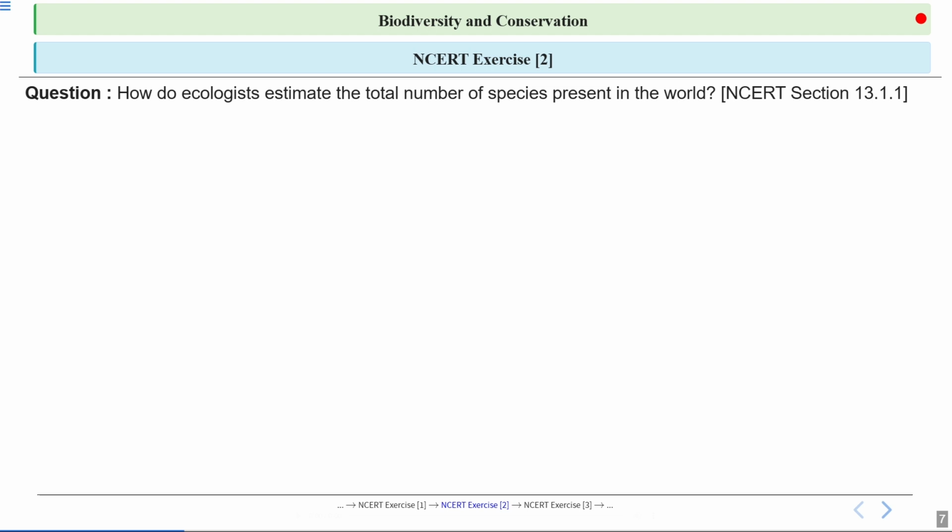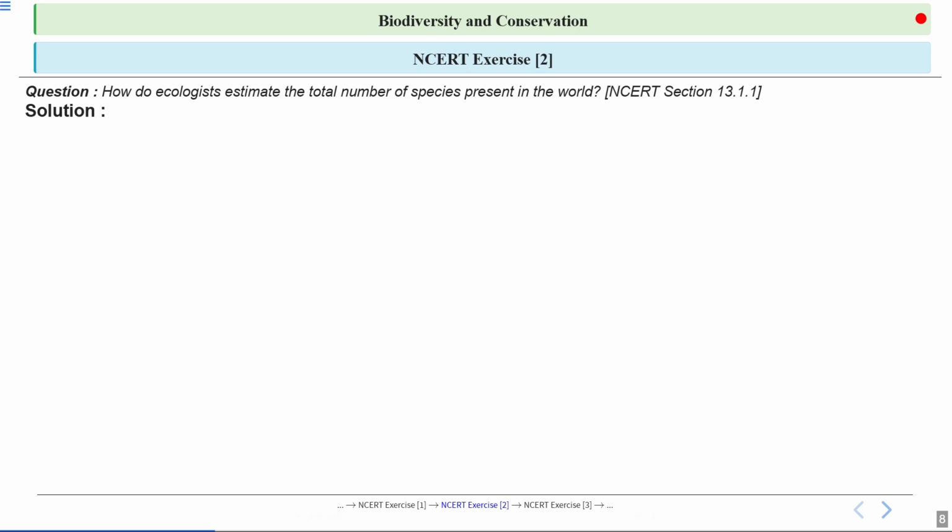Next question, how do ecologists estimate the total number of species present in the world? Let's have a look at the answer. Now, Earth is home to an immense variety of living organisms, showcasing a wide range of species, each with unique characteristics and adaptations. This vast diversity reflects the complexity and richness of life on our planet.